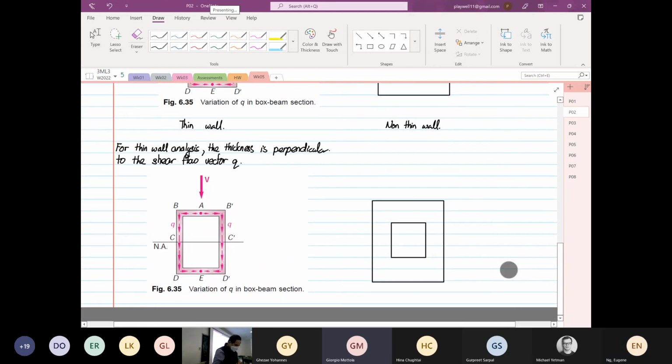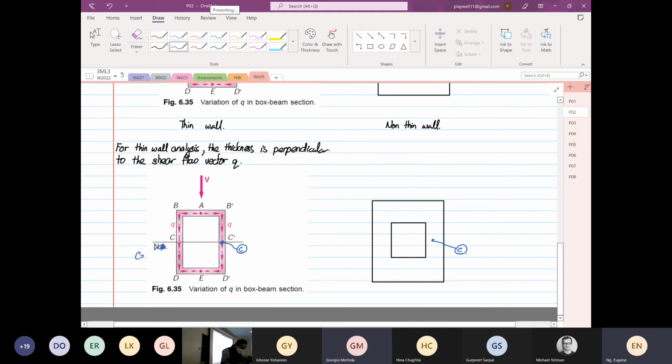Okay, so now we want to find the shear stress at point C. So point C, I don't like to call this neutral axis.